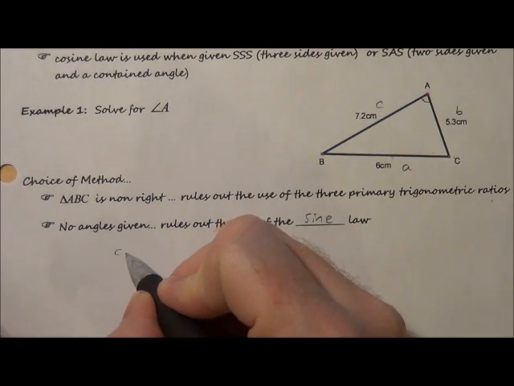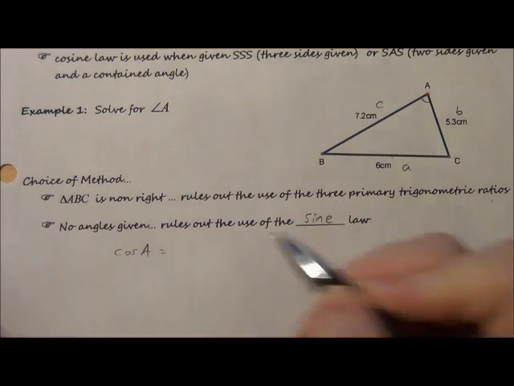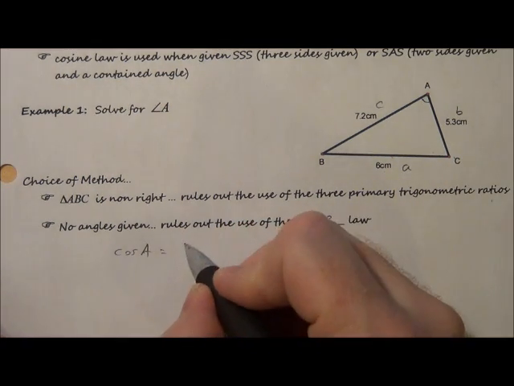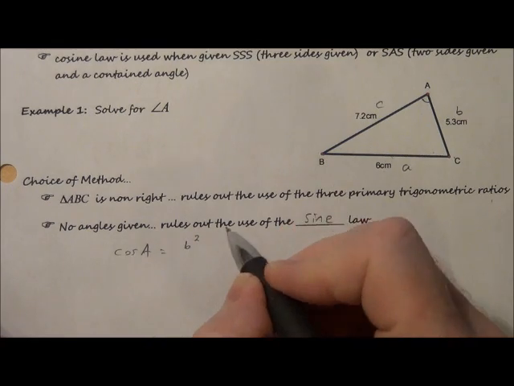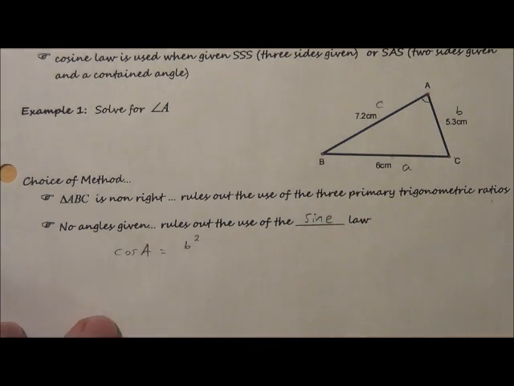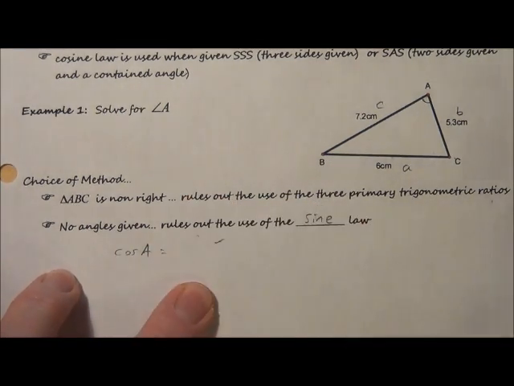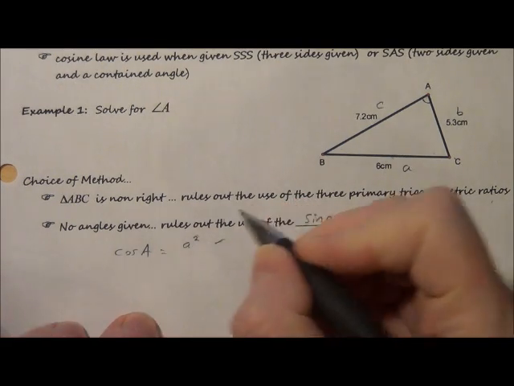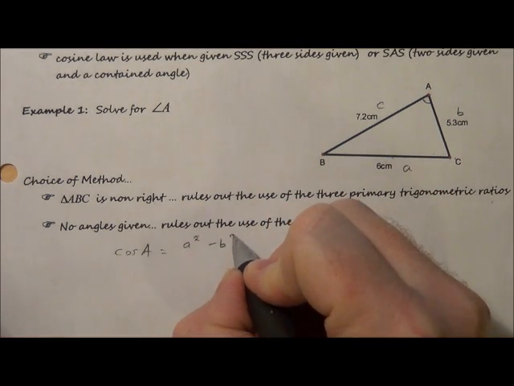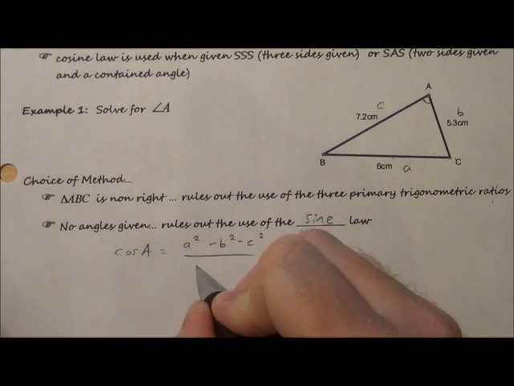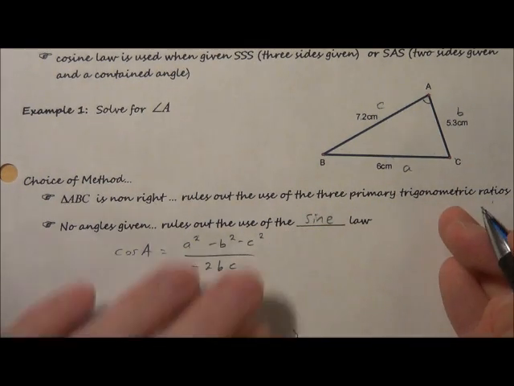So the cosine of A is a squared minus b squared minus c squared all over negative 2bc.